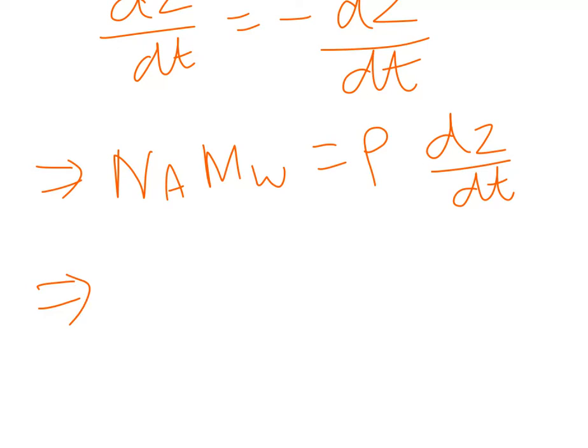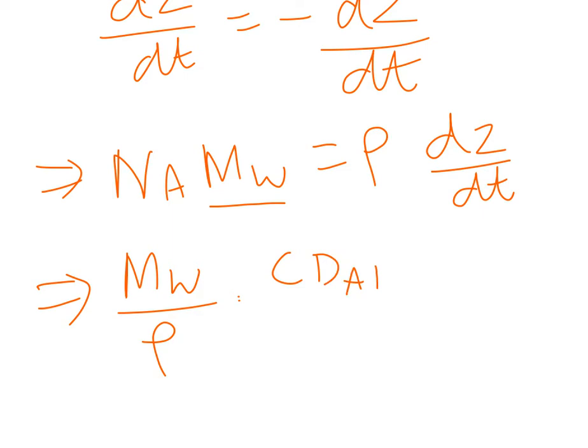Now the flux was, so we can have MW over rho, and then flux, what was the flux? Flux was c DAB, this is capital Z, okay, we have to be careful, where capital Z, yB log mean.